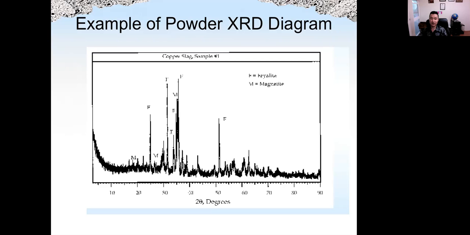It's like a fingerprint for different types of crystals. For certain samples, we may have more than one type of crystal, and sometimes these peaks may overlap each other, making it harder for us to see what's inside the sample.